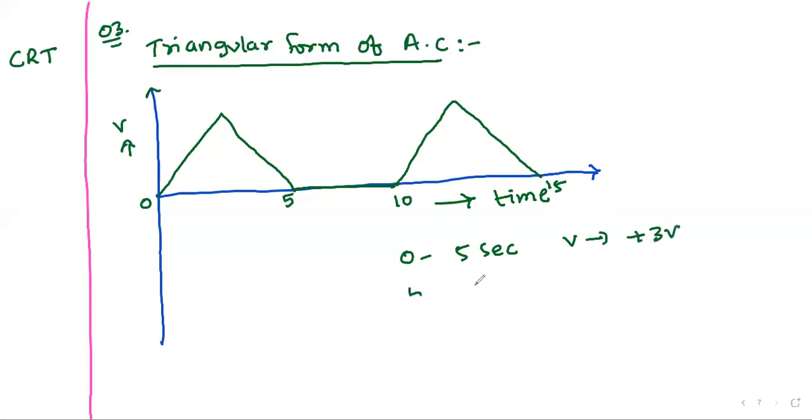From 5 seconds to 10 seconds, we are having a voltage of 0. Next, 10 seconds to 15 seconds, again the voltage is plus 3 volt. This type of waveform can be called a triangular waveform.